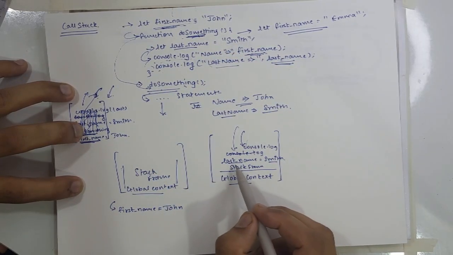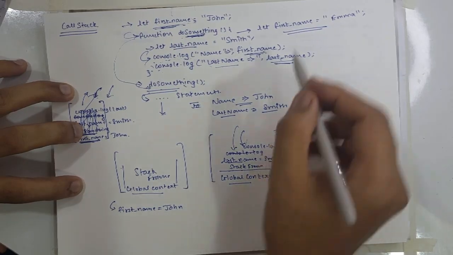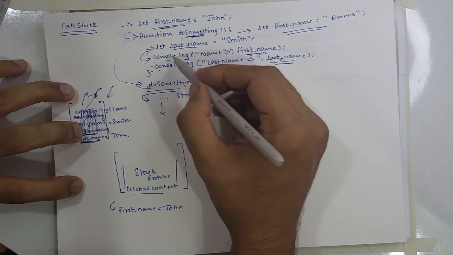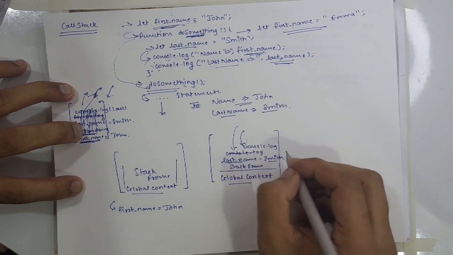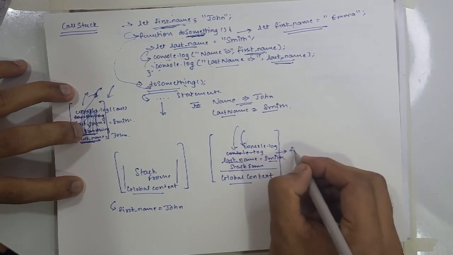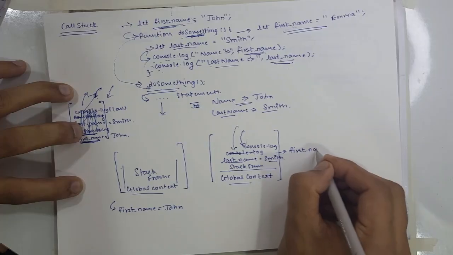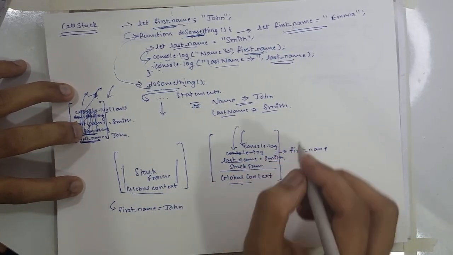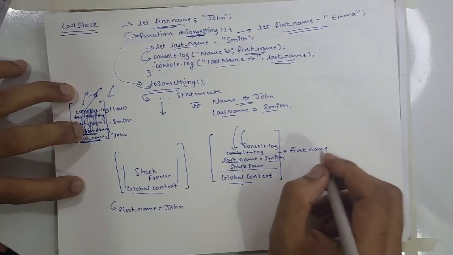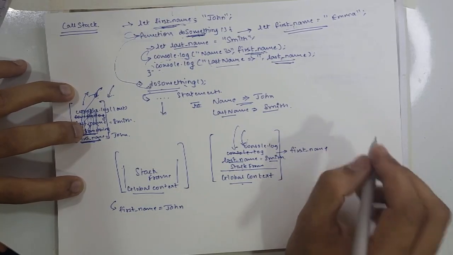It will find first_name over here because first_name is also defined within this function. So first_name will be present in its stack frame also. First_name is present in the global context also, but the compiler will first check if the particular variable is present in its own stack frame or not.